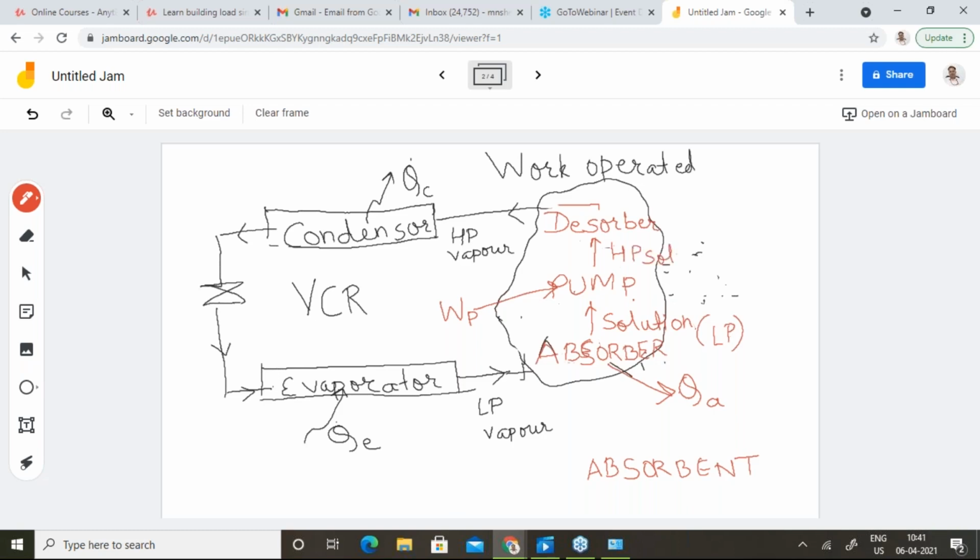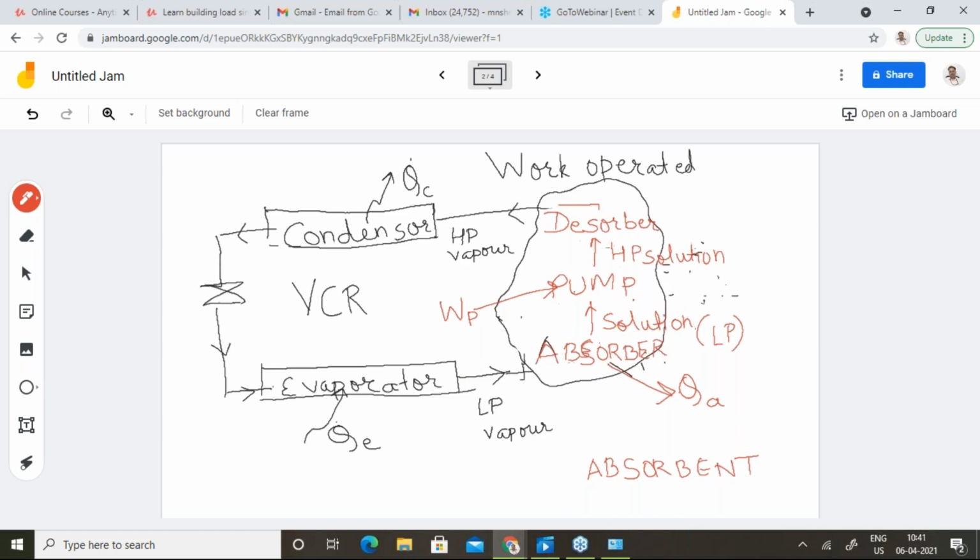Okay, high pressure solution. This high pressure solution then enters into a component which is called a desorber. Because we are familiar with the English language, the opposite has to do with the opposite effect. So the absorber absorbs, and the desorber would perform the function of desorption.